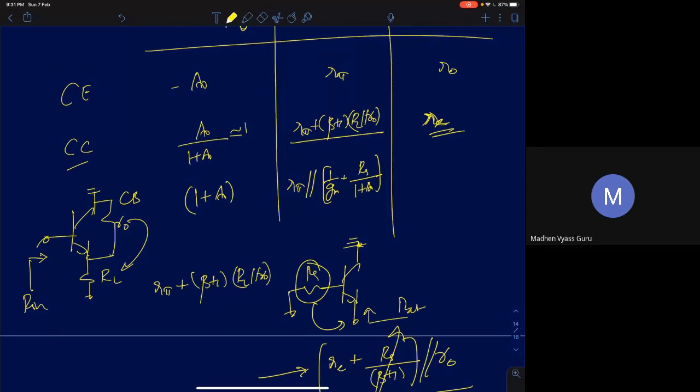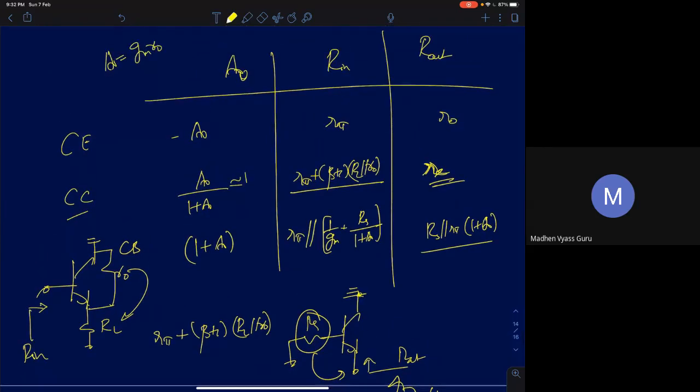It's actually Rs into (1 plus A naught). Approximately, actually it's Rs parallel R pi into (1 plus A naught). So these are the three results we discussed.